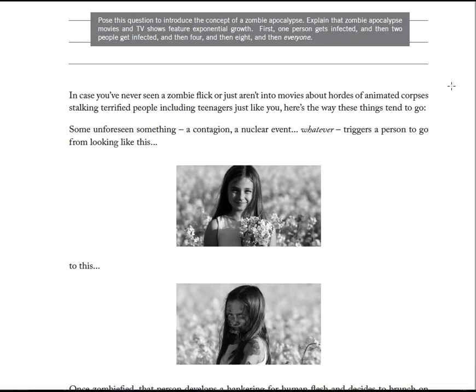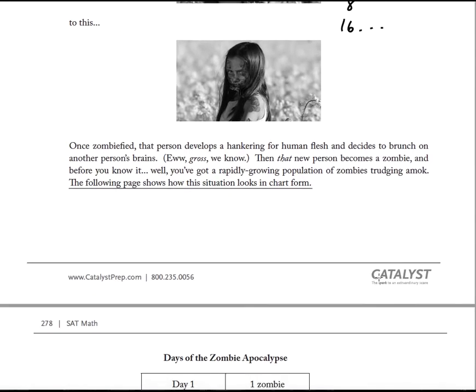And then that zombie infects others, maybe bites them or eats their brains or something else that's really grisly. And then all of a sudden you have one zombie, and then 2 zombies, and 4 zombies, and 8, 16, and so forth, until you have this horde of zombies that's attacking humanity. So all zombie pictures are actually also an example of exponential growth, okay?